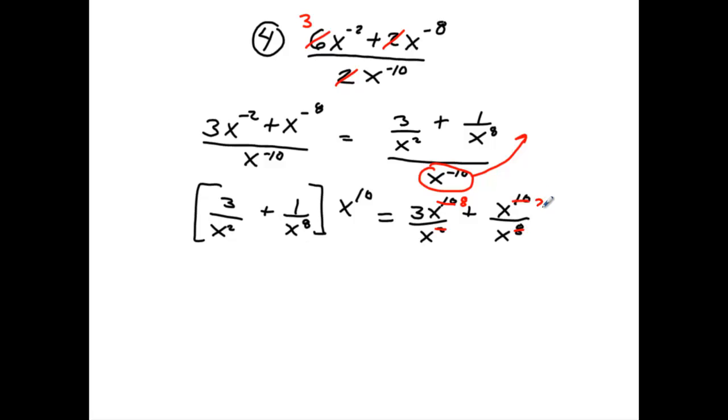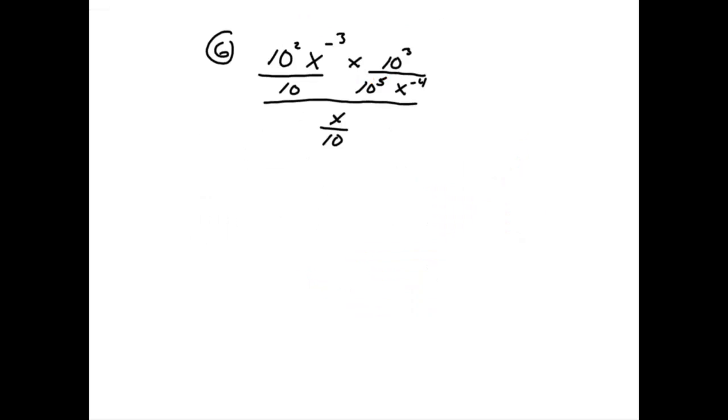Gives me a 2 here. So my final answer is going to be 3x to the 8th plus x squared. And that is how you would do problem number 4.